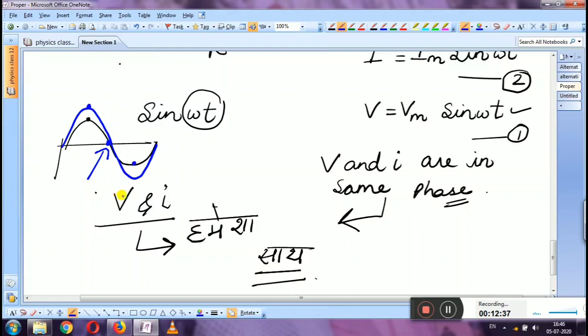On the other side, if voltage becomes maximum, current also becomes maximum at the same time. This is the waveform of alternating current and alternating voltage. Blue waveform you can consider for current, and black for voltage, right?